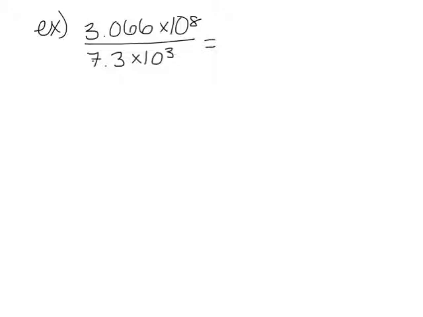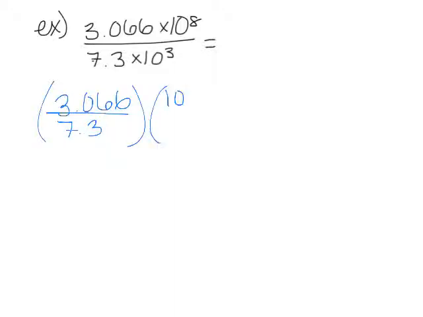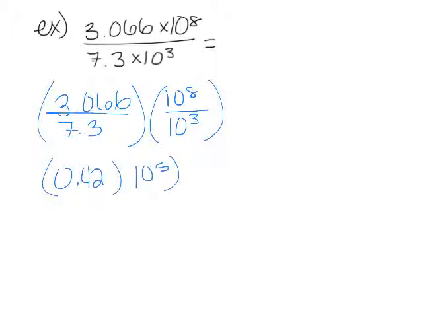When dividing scientific notation, I'm still going to follow the same type of steps and rules. So I'm going to take 3.066 divided by 7.3, and then times 10 to the 8th over 10 to the third. And when I simplify this, I'm going to get 0.42 times 10 to the 5th, because I subtract my exponents when I use division.